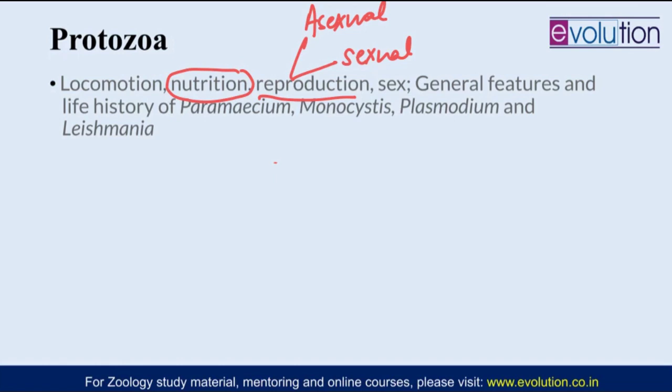Under sexual reproduction, conjugation is really important, and you have to describe all these steps in detail, particularly with respect to Paramecium caudatum, each stepwise. Questions separately on conjugation in Paramecium have also been asked. Then you can describe autogamy and other different types of sexual reproduction. Then there is a topic called evolution of sex.